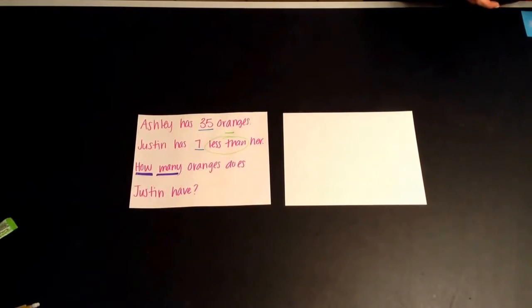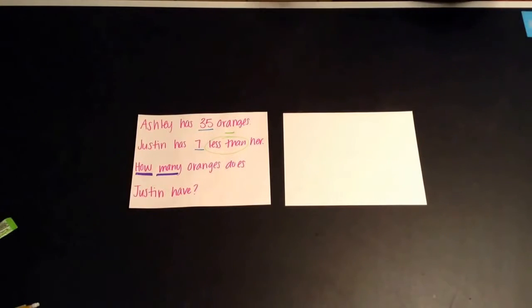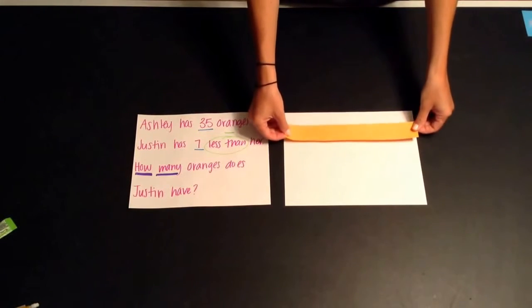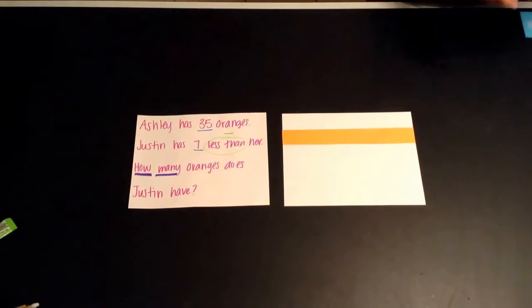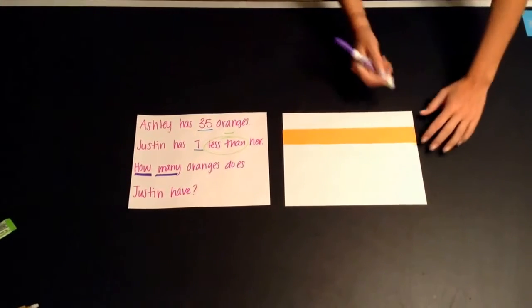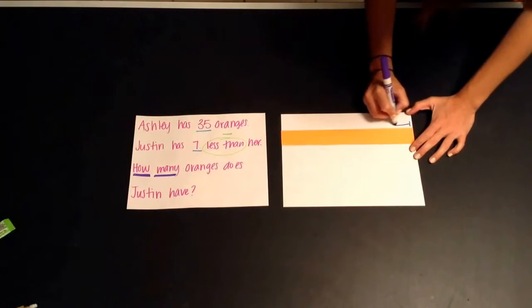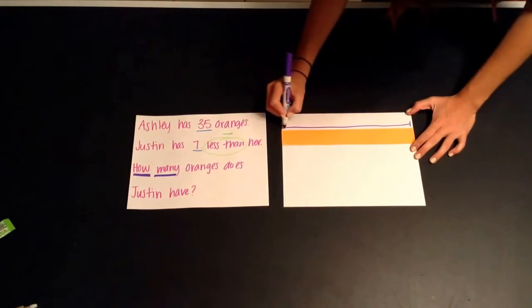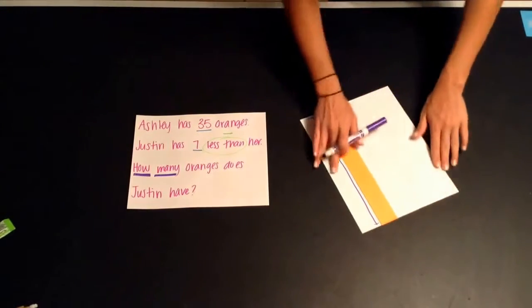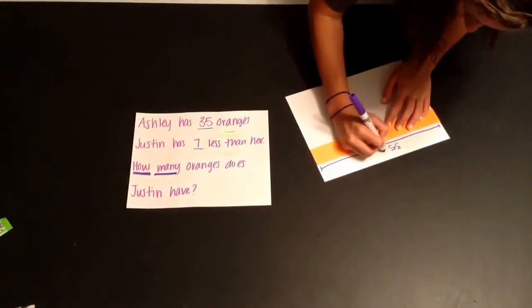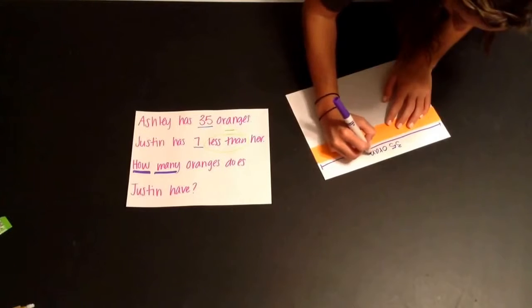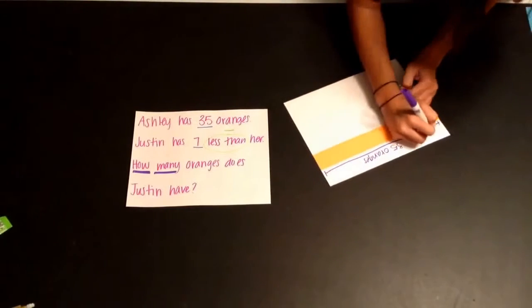So, using the linear model, we have this orange piece of paper. This is going to represent the 35 oranges that Ashley has. So the total amount right here is going to be 35 oranges that are Ashley's.